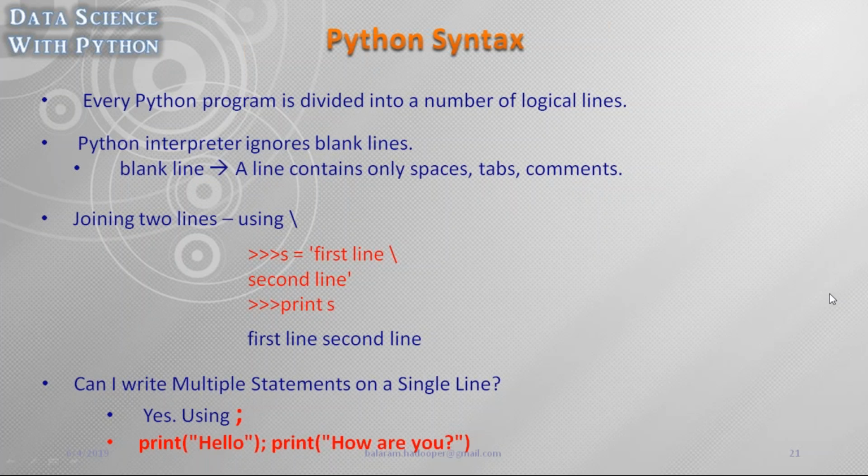In the same way here also, you can break a line by giving the backslash, and then you can continue the same line in the next line. So see here, S equal to, within quotations, first line backslash. In the next line, I am writing second line. Print S. If we write print S, it is displaying simply first line, second line in the same line, meaning that it has been taken as a single line only, even if you give multiple lines.